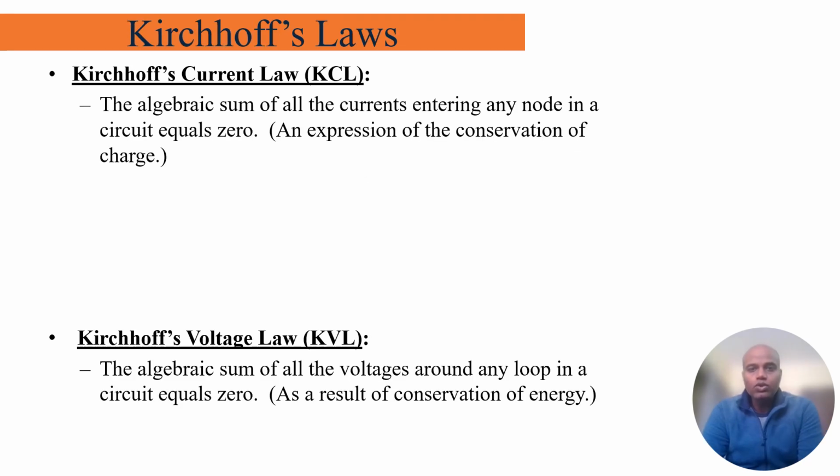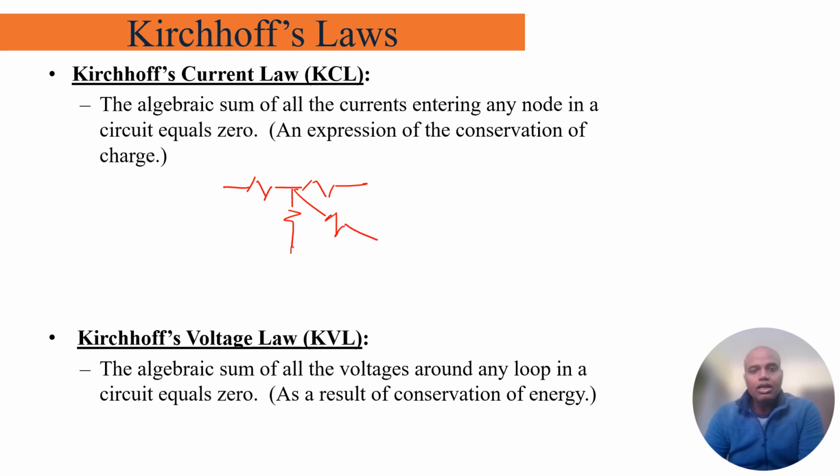Let's quickly go through the definitions of KVL and KCL. KCL is nothing but: the algebraic sum of all the currents entering a node in a circuit is equal to 0. We can understand this simply by making a circuit over here. Taking the node where my three branches are meeting, let's take one more branch which is connected in this fashion.